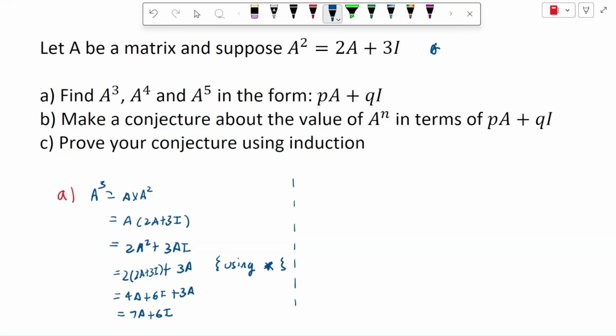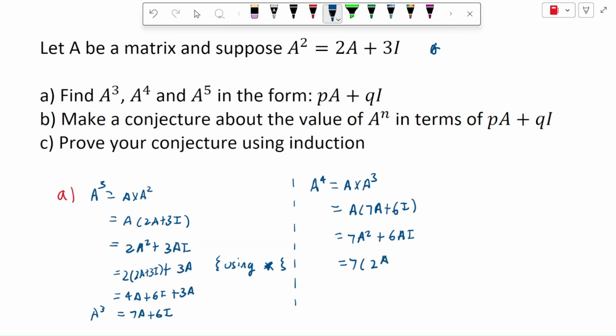Now, if you watch A cubed, make sure you pause the video and try A to the 4 and A to the 5, etc. All right, here's how that one's done. A to the 4 is A times A cubed. We can use our previous answer, so that's A into 7A plus 6I. That becomes 7A squared plus 6AI. That's going to be 7 into the thing we had for star.